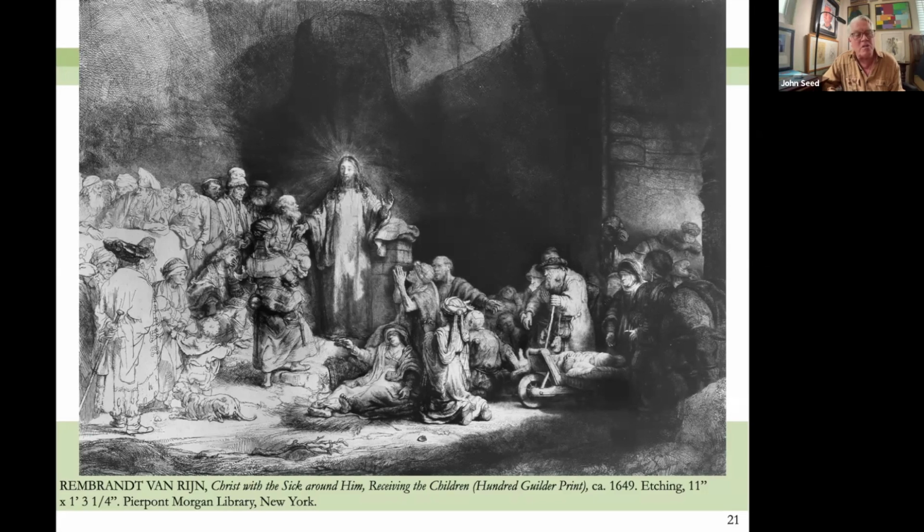If you look at the left side, you'll see that the figures there are mainly outlined with just hints of shading, maybe under a hat or behind the figure. And then as you go toward the image of Christ, Rembrandt uses aquatint and goes into full black. He goes into this kind of deep engraving black with a halo scraped out of it. And then he goes into shadow off on the right side.